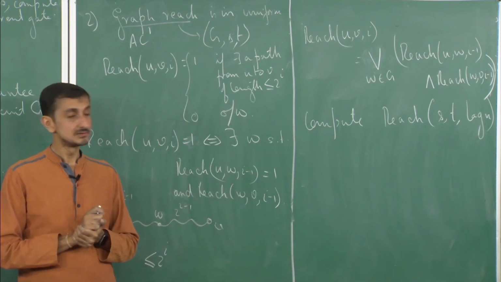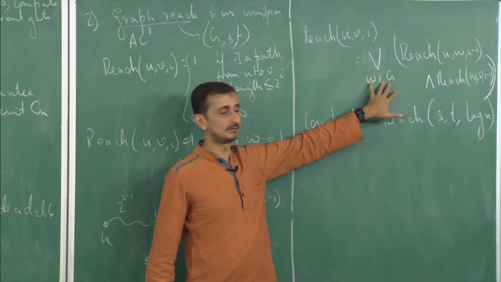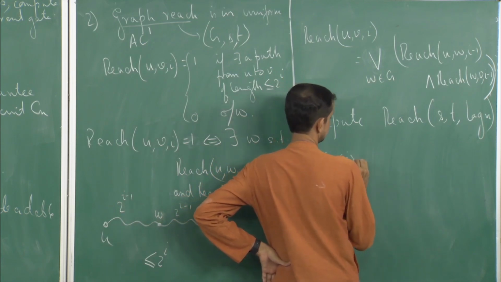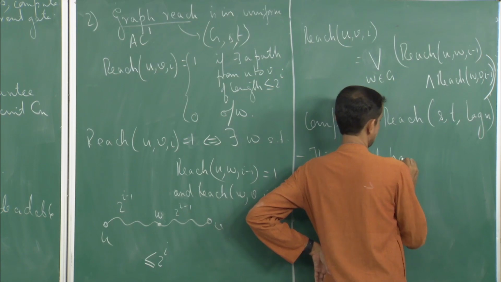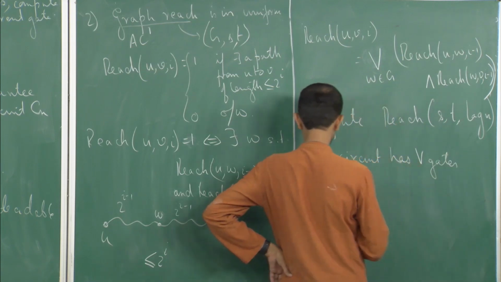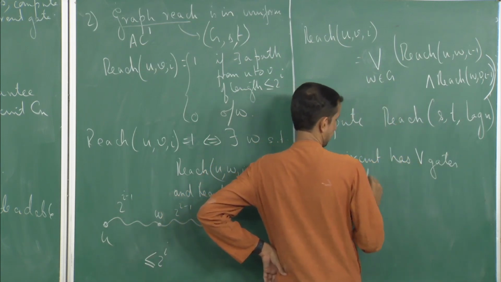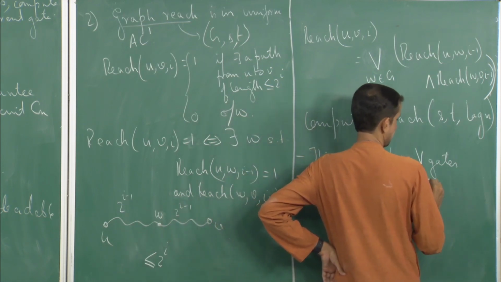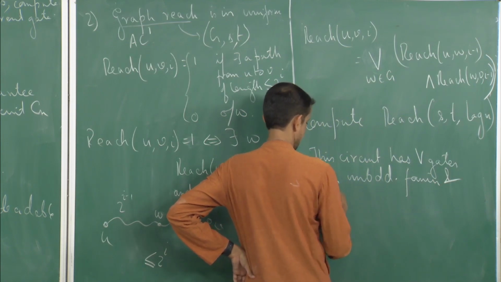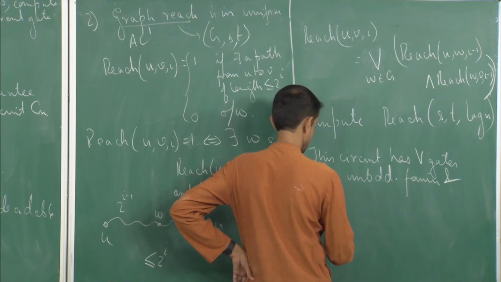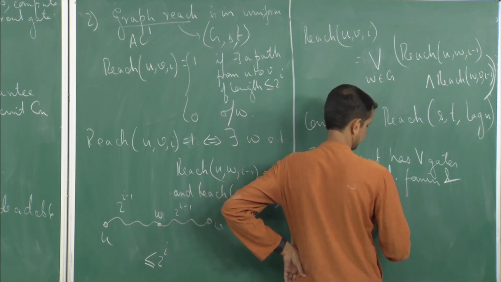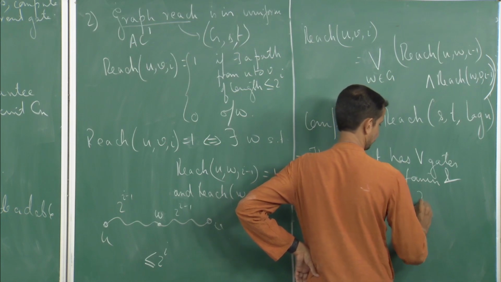So, this circuit has OR gates with unbounded fan-in and AND gates of, in fact, fan-in 2.